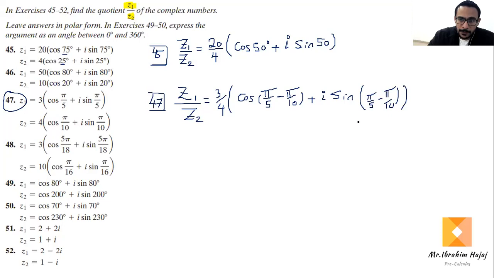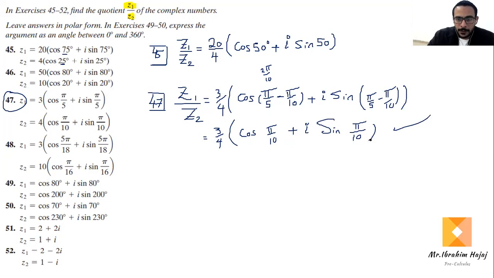Right. Excellent. And then 3 over 4. Yeah, negative. Imagine that it's 2 pi over 10, which is pi over 5, minus pi over 10, which is pi over 10. Plus i sine pi over 10. Excellent. Thank you, Mohammed.